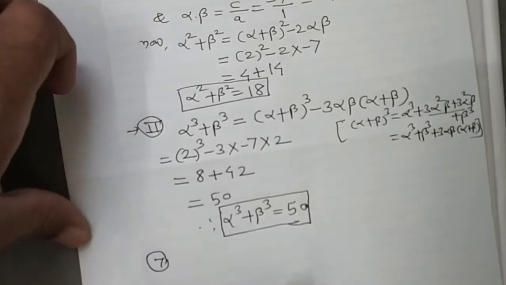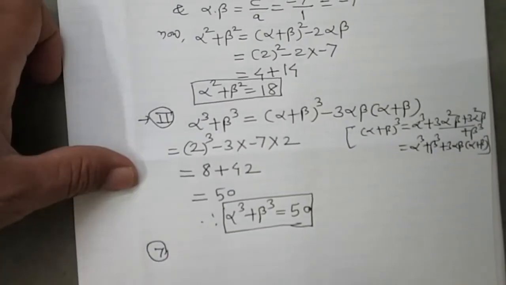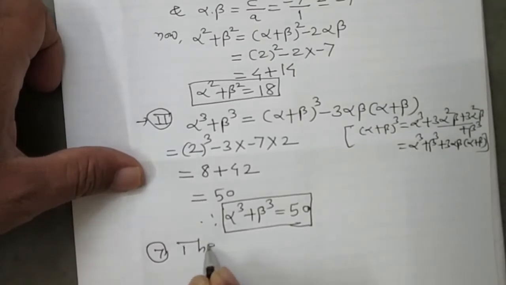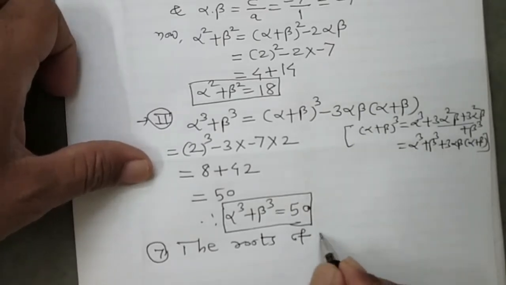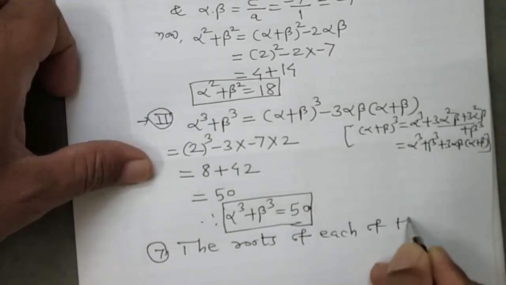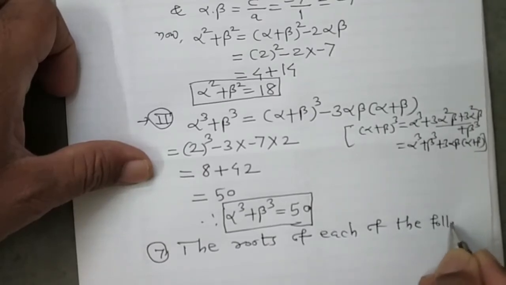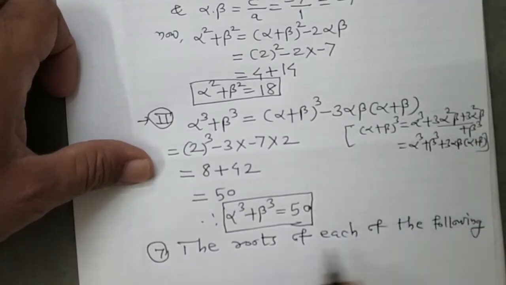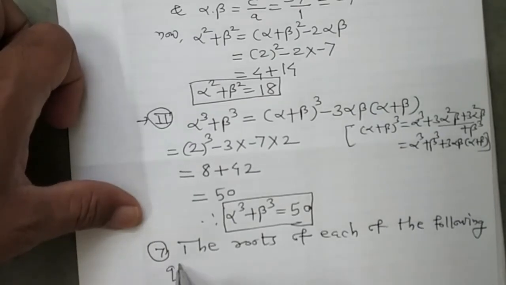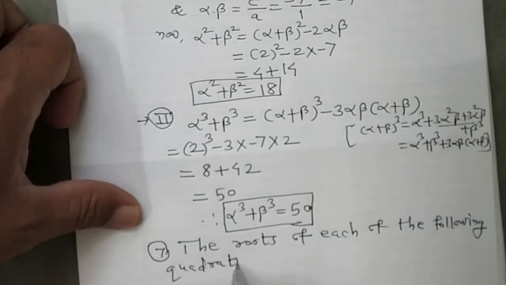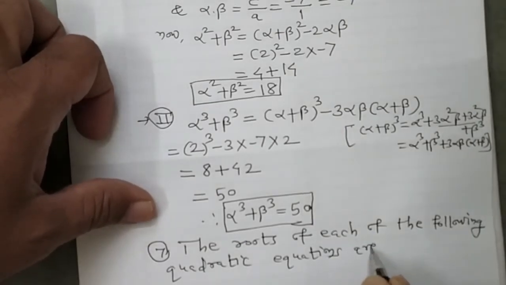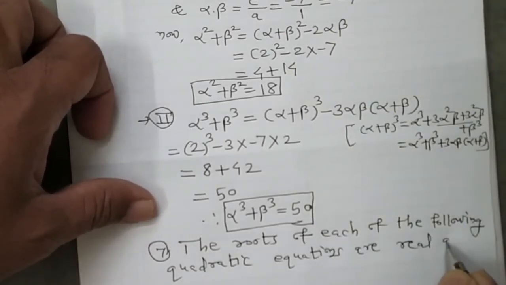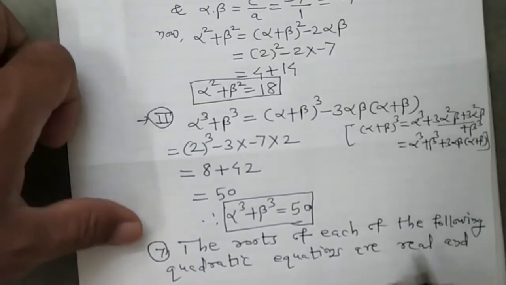Question number 7. The roots of each of the following quadratic equations are real and equal.